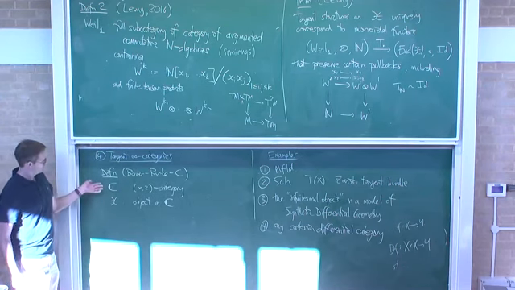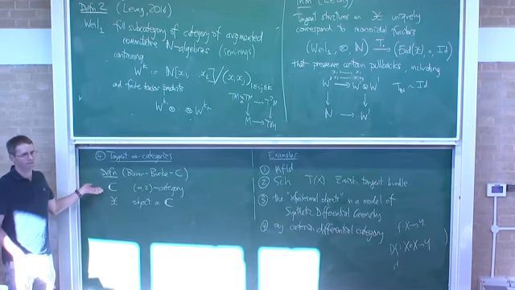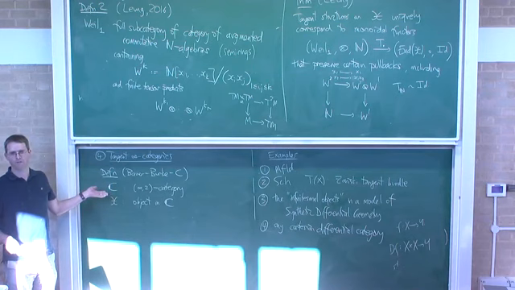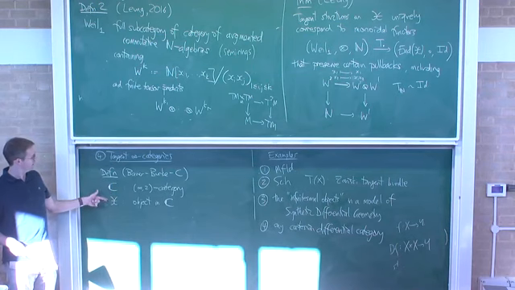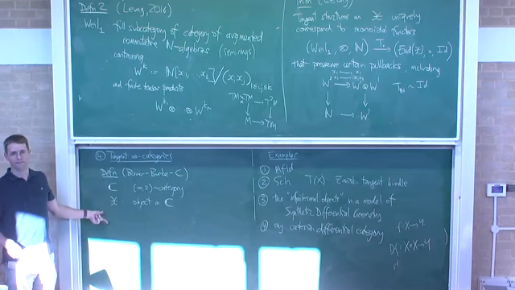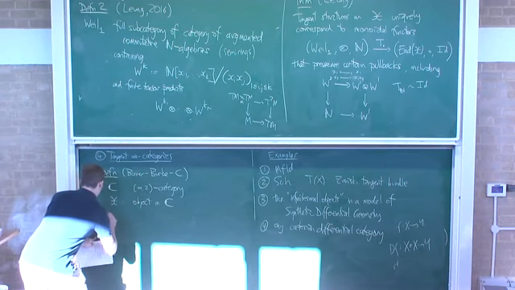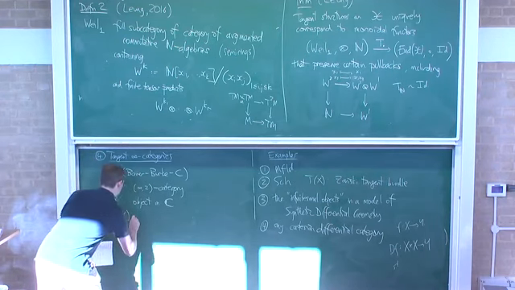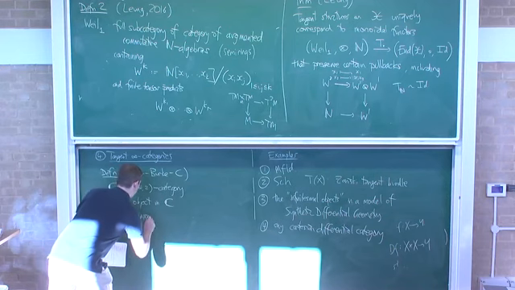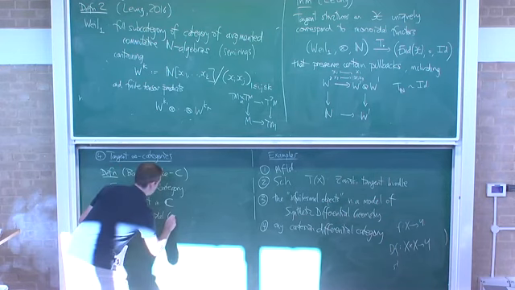And the point of an infinity 2 category is that it's enriched in infinity 1 categories. So if I look at the endomorphism object of X, then that will be an infinity 1 category, and it will also be monoidal under composition. So End of X is, because of this, a monoidal infinity 1 category.